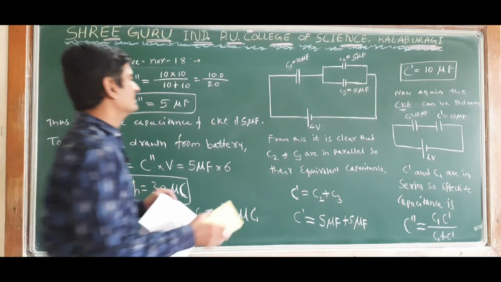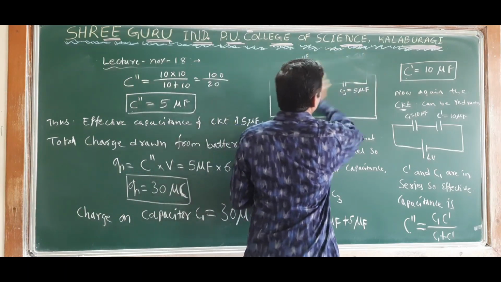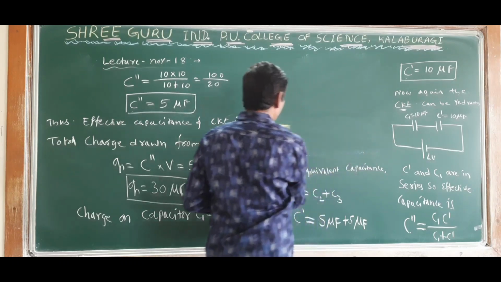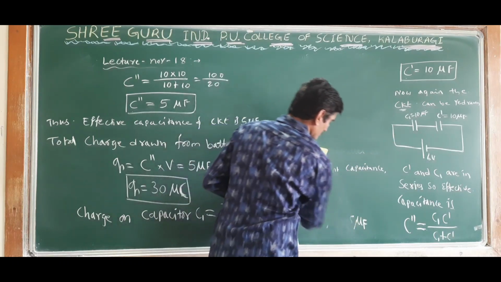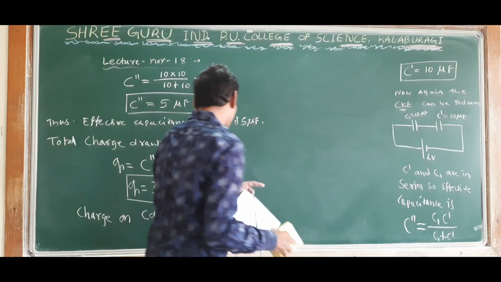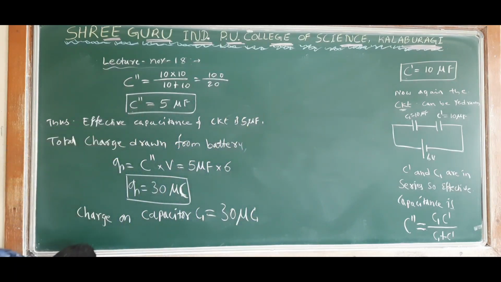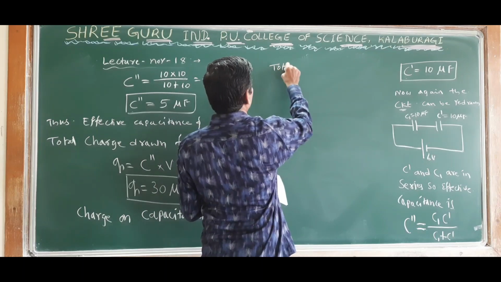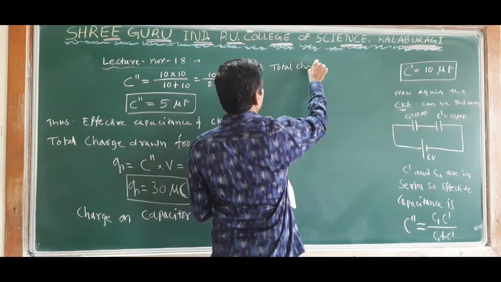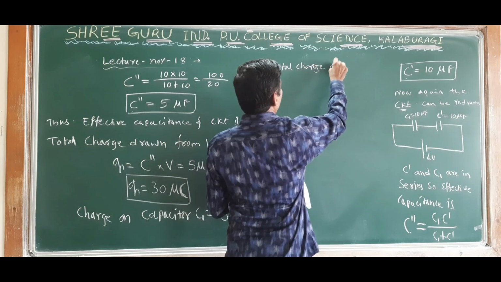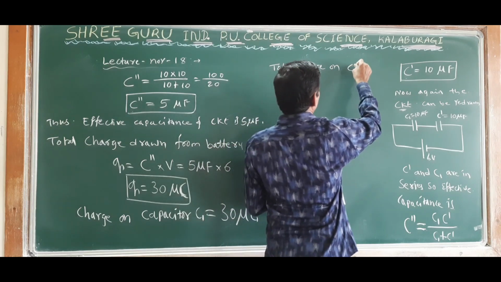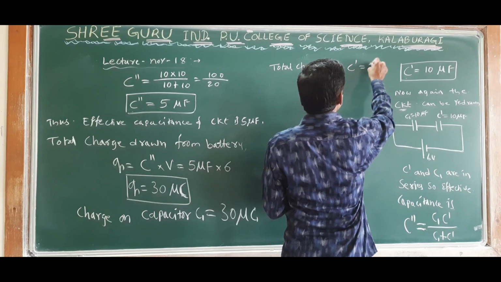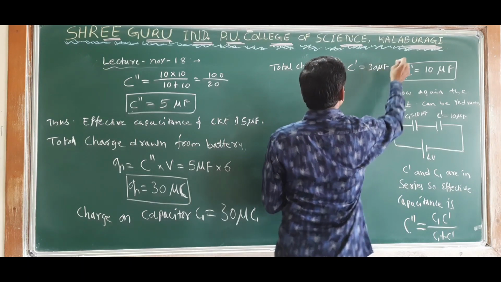So now the total charge on parallel combination is 30 microcoulomb. Total charge on C dash, C dash means parallel combination, is equal to 30 microcoulomb.